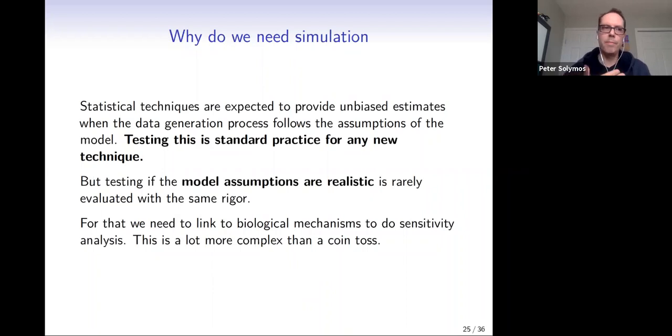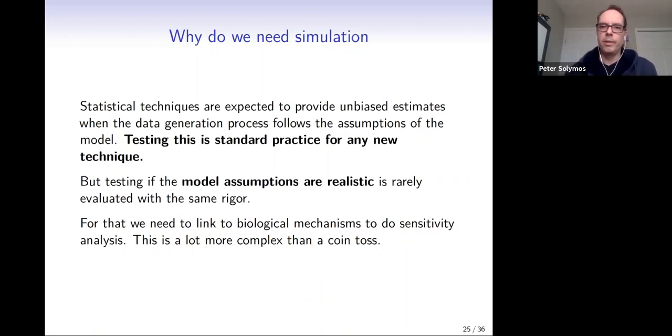But how do I make sure that all those assumptions that go into the model that I created are actually realistic? So how to make sure that that model is really capturing my system out there?